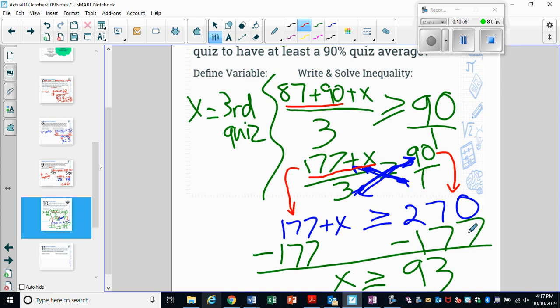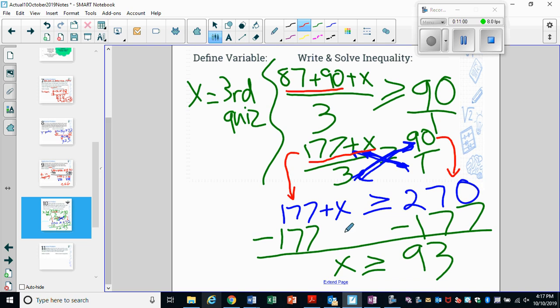So you would subtract 177 from both sides, and your result is x is greater than or equal to 93. So Mo needed a 93% on the last quiz in order to have a 90% average.